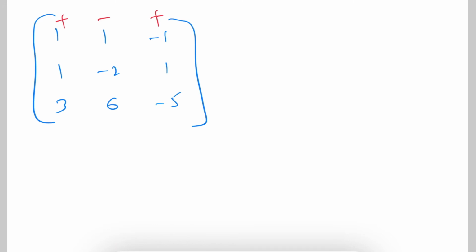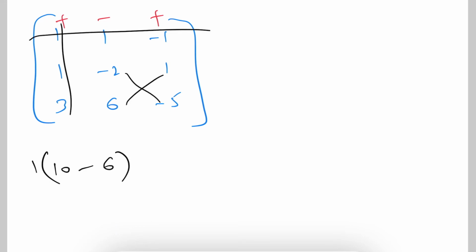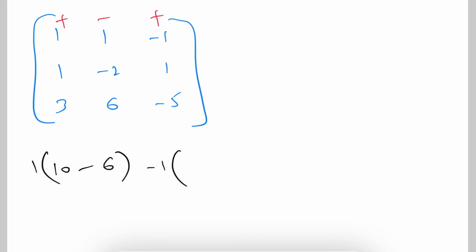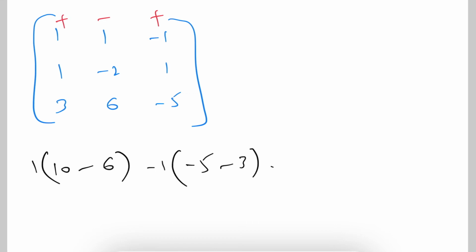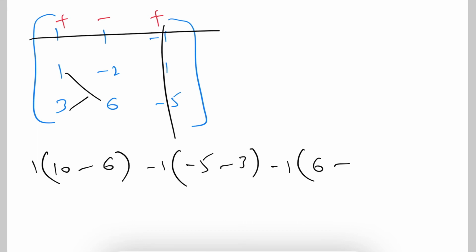So what will it be then? 1 into minus 2 into minus 5 plus 10 minus 6 1s are 6. Then second element, minus 1 into minus 5 minus 5 minus 3 1s are 3. Then last element, minus 1 into 6 minus 3 into minus 2 minus 6, then it will become plus 6.